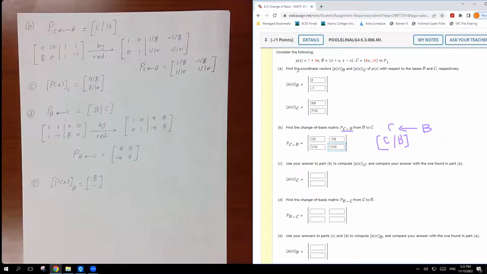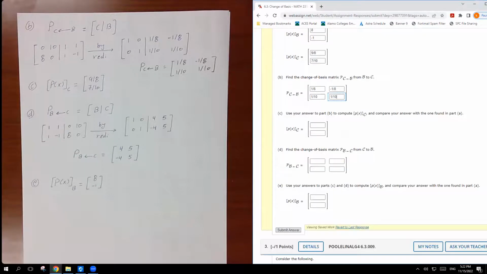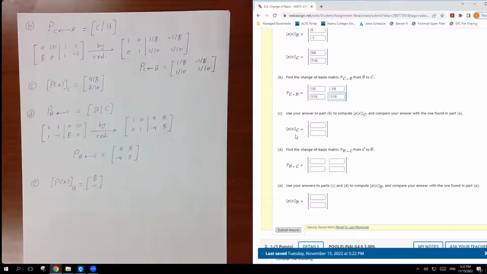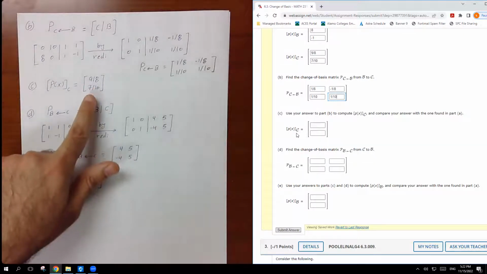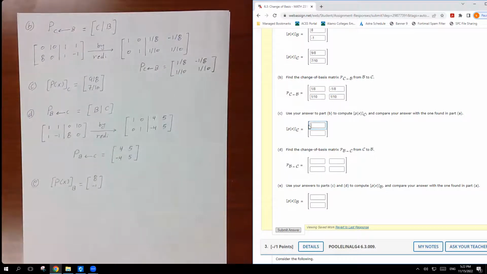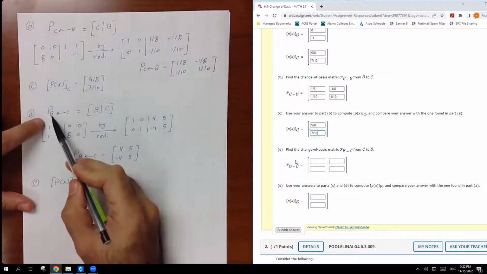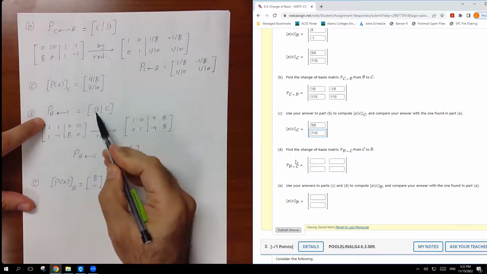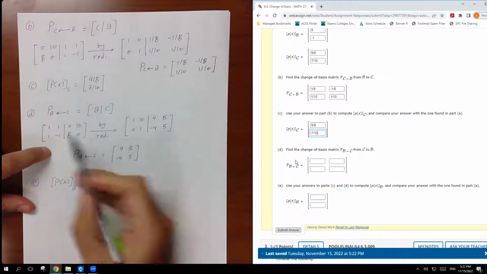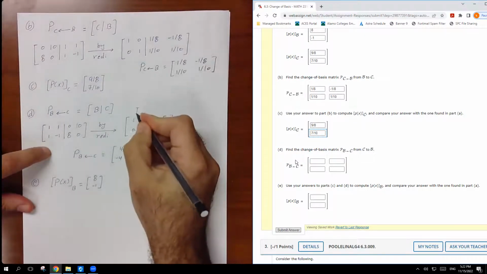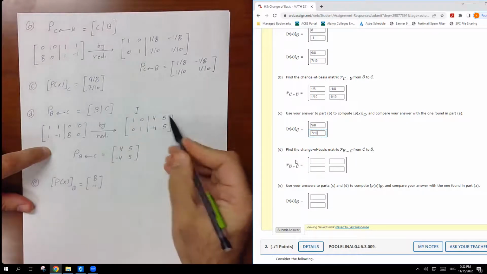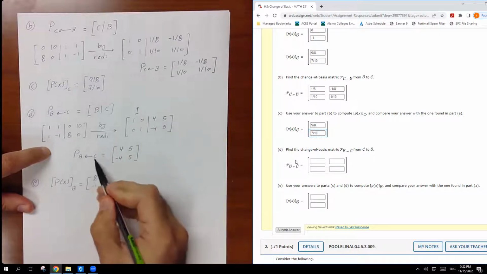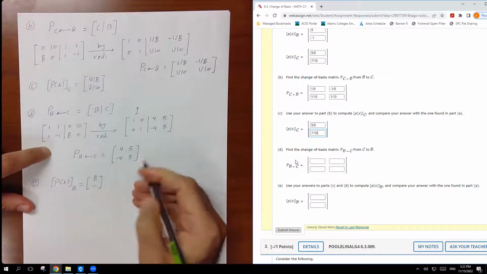Let's check the third part. The third part of this question, they ask you P of x with respect to C. We already found this one, 9 over 8 and 7 over 10. Now we need to find the change of base from C to B. The change of base from C to B, we're going to write down B first, then C. By reduction, always this side is the identity matrix, and the other side is going to be the change of base from C to B, which is going to be 4, 5, -4, and 5.